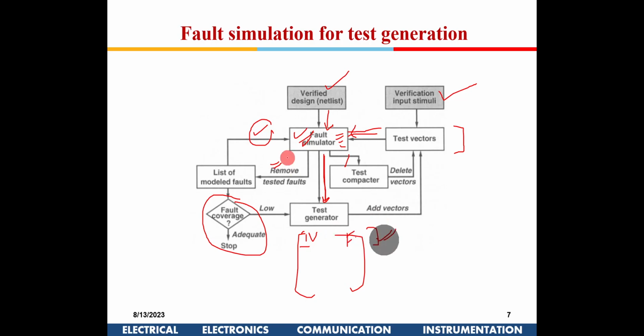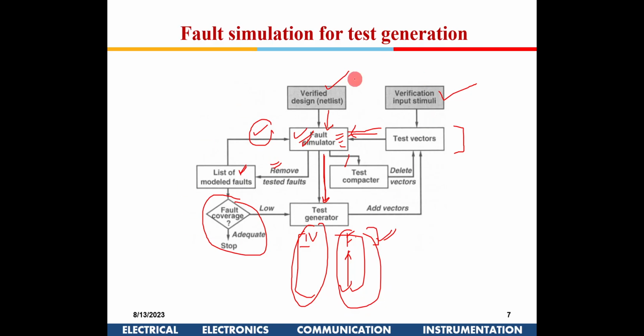Done. Now I take the next test vector. Once it is done, the fault list will keep reducing, because you have already moved those faults into the test generator register list. Similarly, you keep doing that until all the faults are covered and the corresponding test vectors are available.